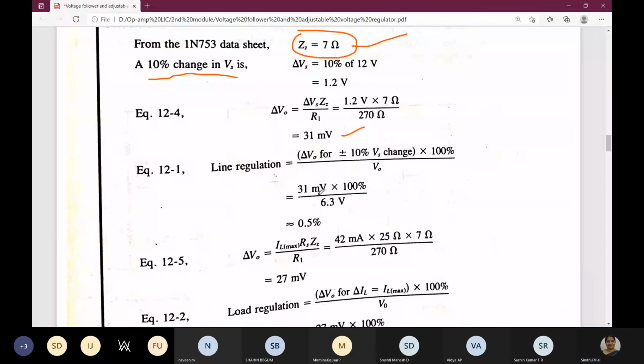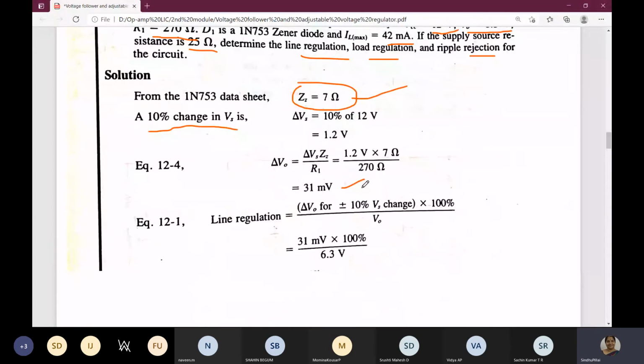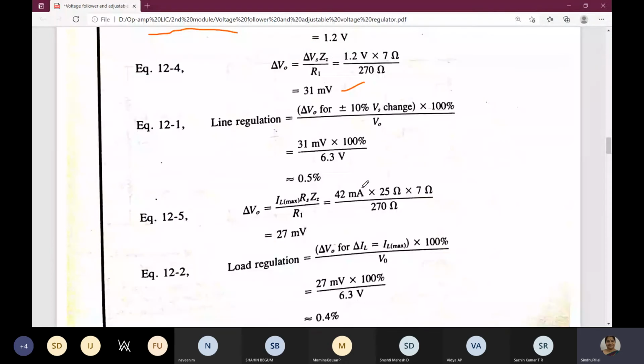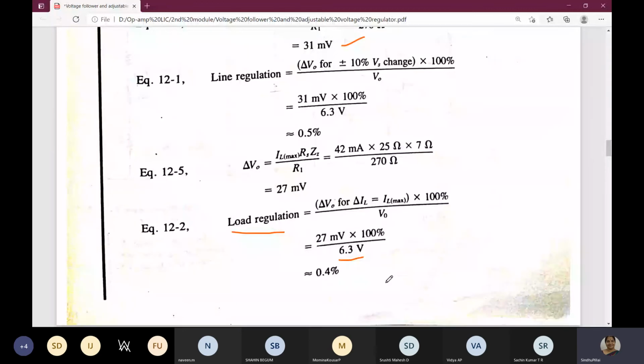So that is line regulation. For load regulation, go with 42 milliamps into Rs 25 into 7, the impedance, divided by 270. You will get delta V0. Use that for finding the load regulation. Into 100, you'll get 0.4%. This is line and load regulation.